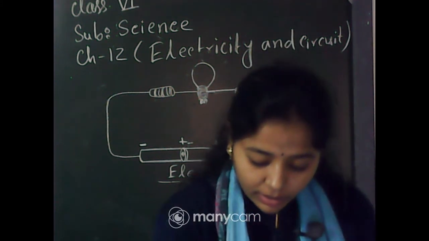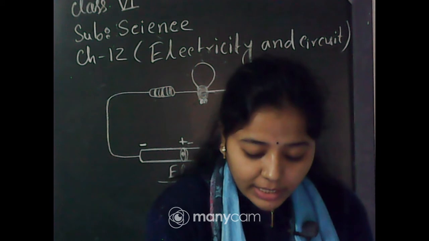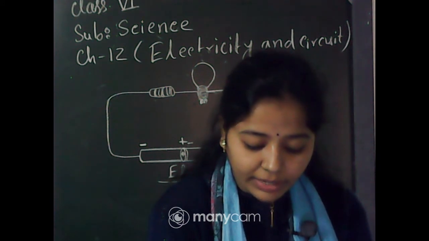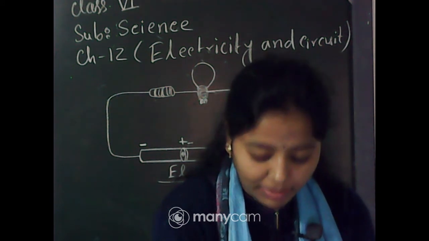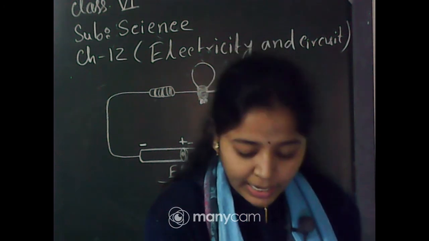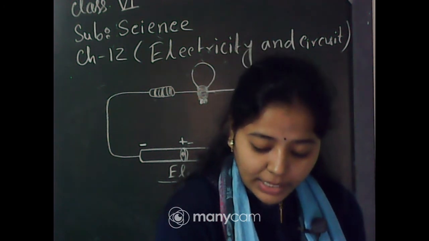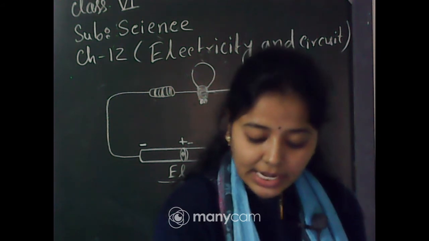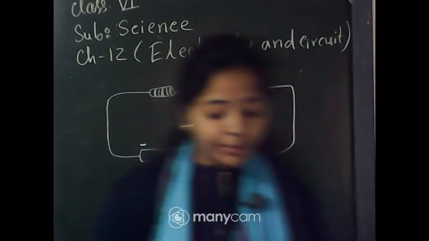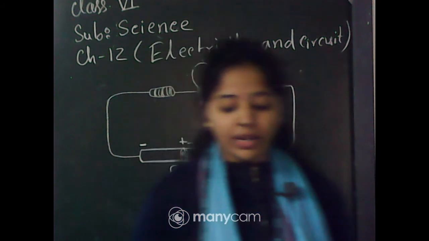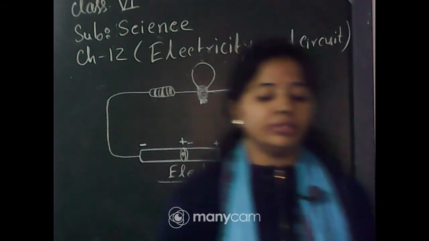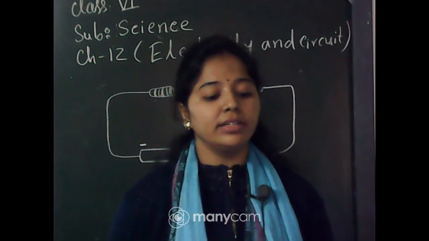So wrap one end of the wire around the base of an electric bulb that is shown in 12.7. 12.7 picture you can see. So you have to do this like figure 12.7. Okay, and fix the other end of the wire to the negative terminal of an electric cell with a rubber band. Understood everyone this point?